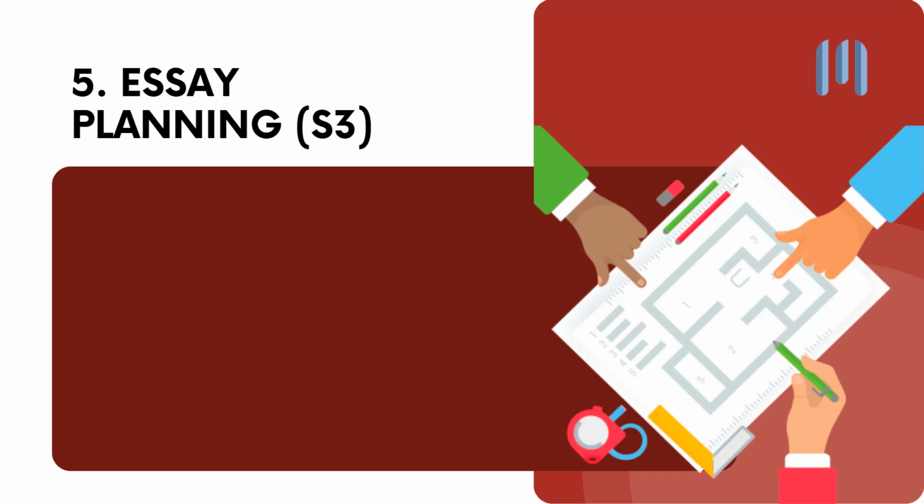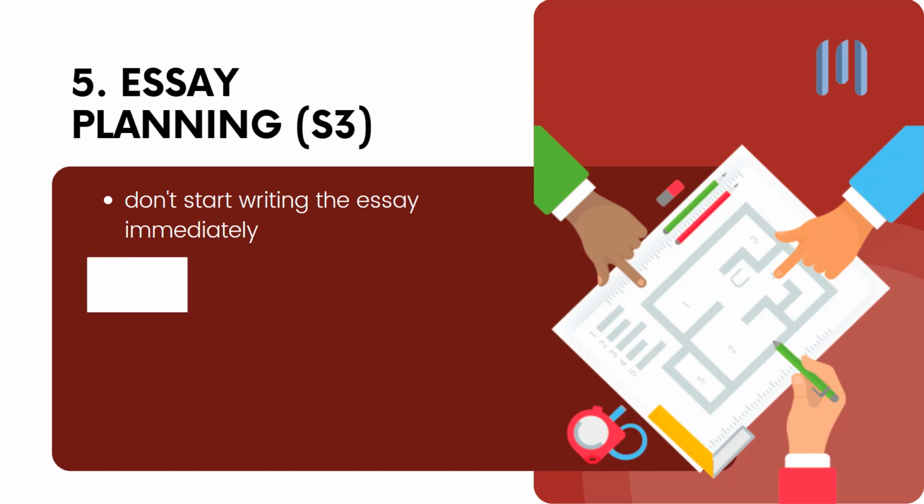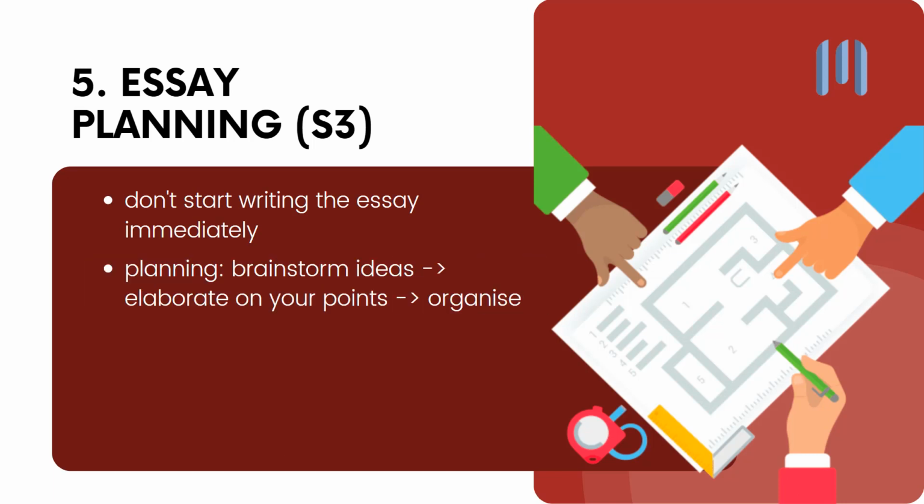Now, let's move on to talking about top tips for section 3 of the BMAT. Before you sit down to write your essay, it is important that you choose a question wisely and plan out your essay. After you choose the question you think you can write the most about, start brainstorming ideas for your arguments and counter-arguments. Write down everything that comes to your mind and only then move on to elaborating on those points and organizing them so that they follow a logical structure.